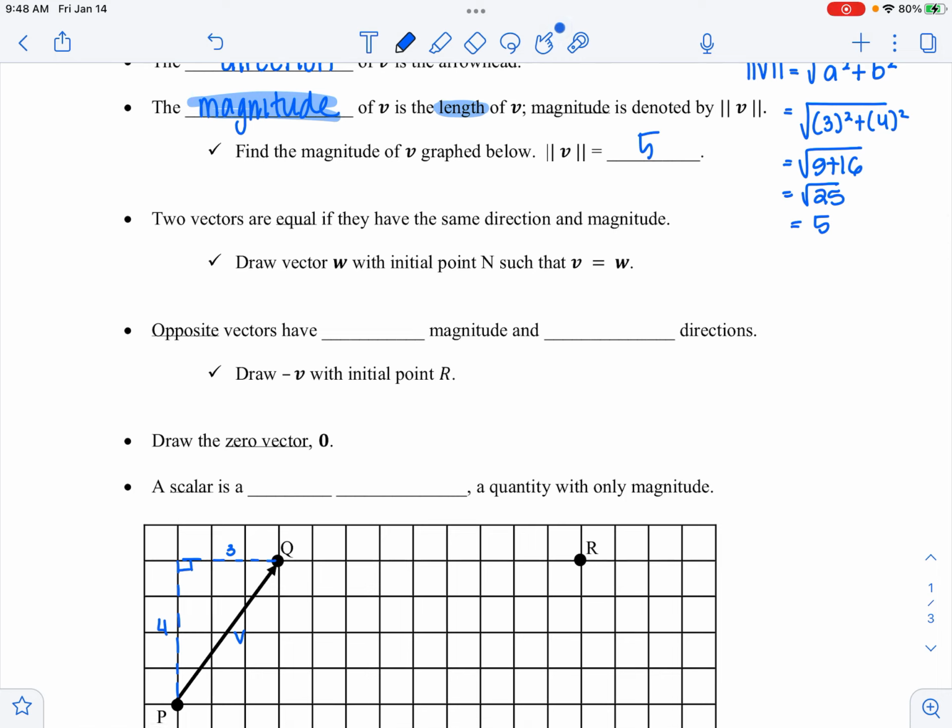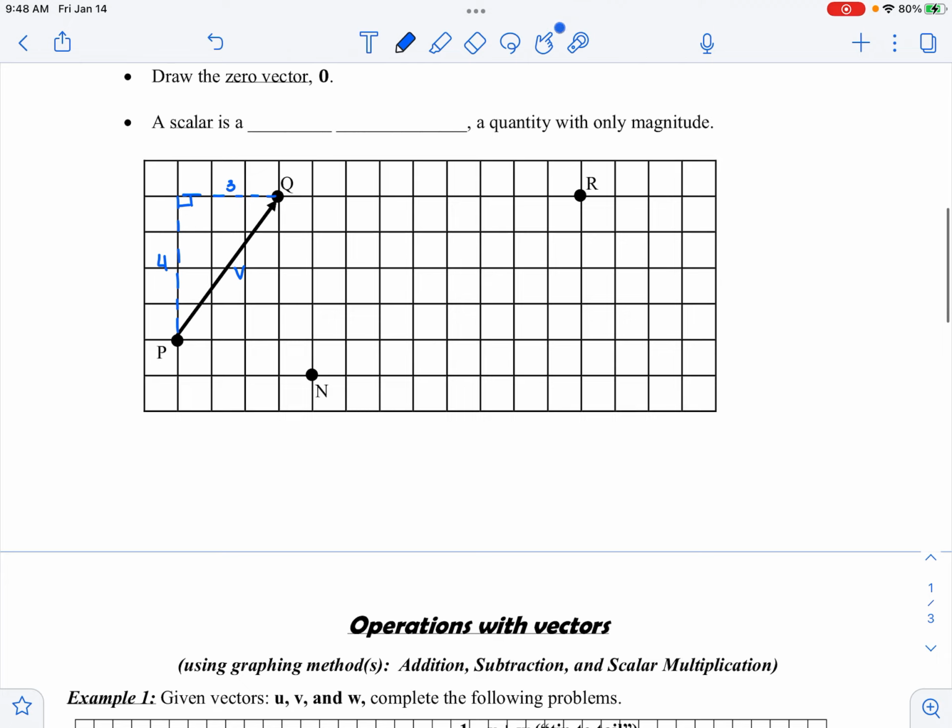All right, two vectors are equal if they have the same direction and magnitude. So they'd have to be the exact same thing. They can be in different places on the graph paper though. This says draw vector W with initial point N so that V and W are equal. We already have N drawn here and I want it to have a length of 5. So I'm going to use the idea that it goes up 4 and right 3 to help me get the terminal point, and then I'll just connect them.